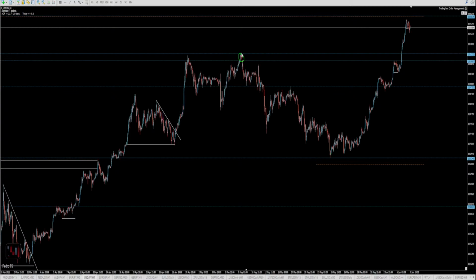Even if you can see that this zone is still fresh, as I just mentioned, because neither this high nor this high ever really went there to take the orders.